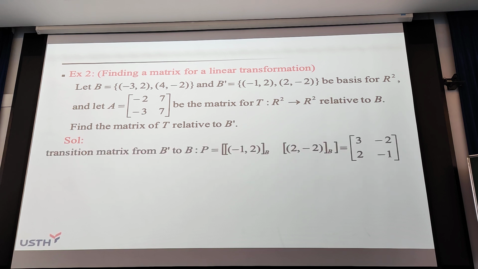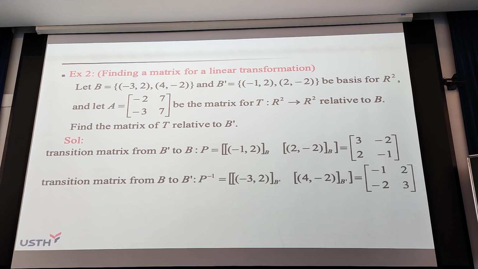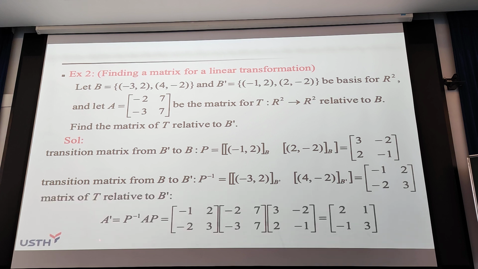First we find the transition matrix from B prime to B to be Z1. Then the transition from B to B prime will be Z1. That is the way to find B inverse, very easy to find. Then A prime will be B inverse multiplied by A multiplied by B to be Z1.